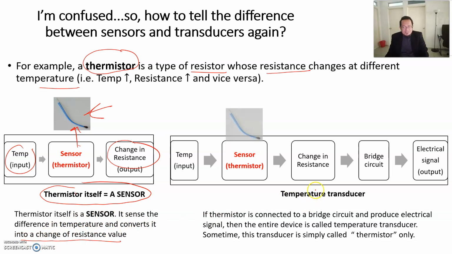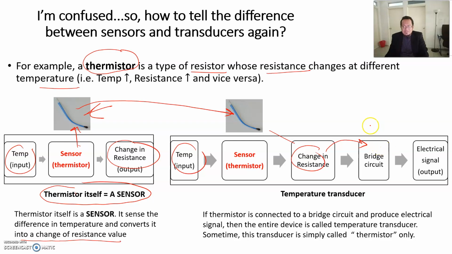For a transducer, you have the same thermistor, the same type of input, and the same type of output from the thermistor, but there's an additional task going on here. This change of resistance is sent into what they call a bridge circuit, which I think you have learned before.